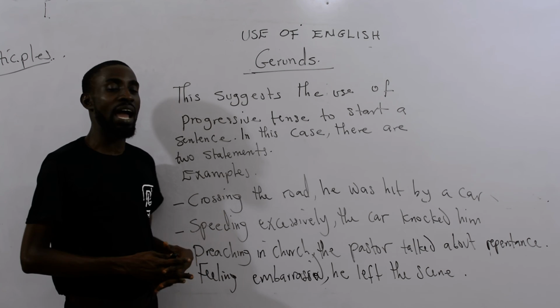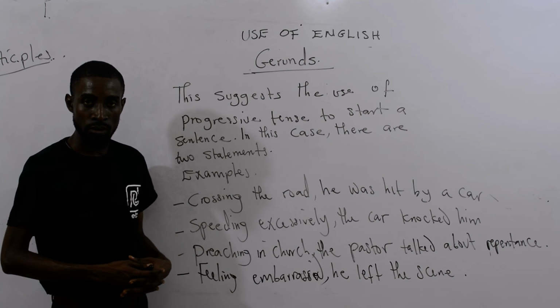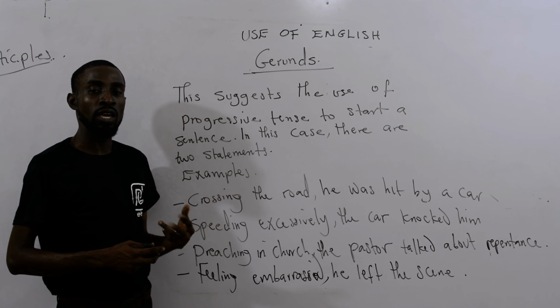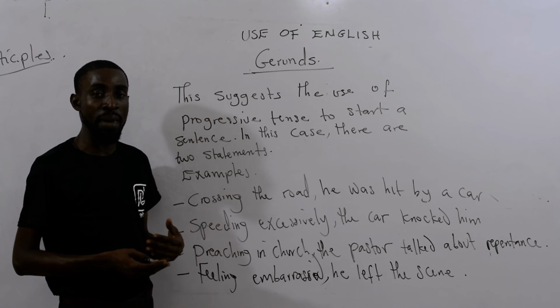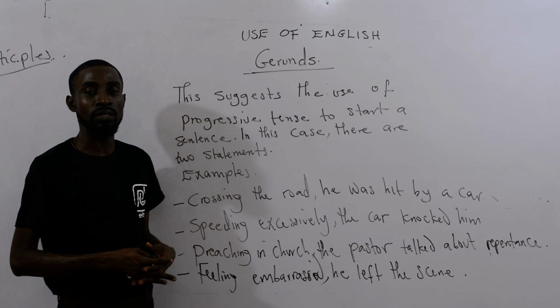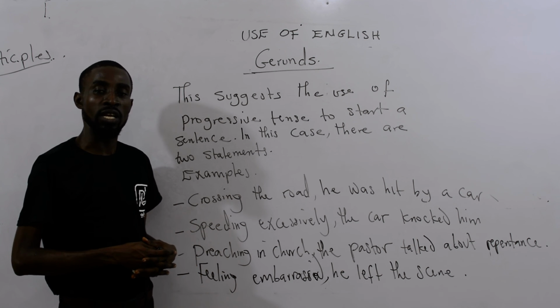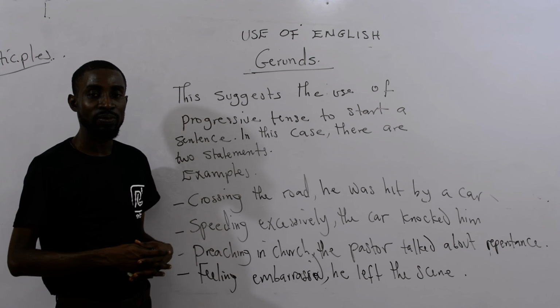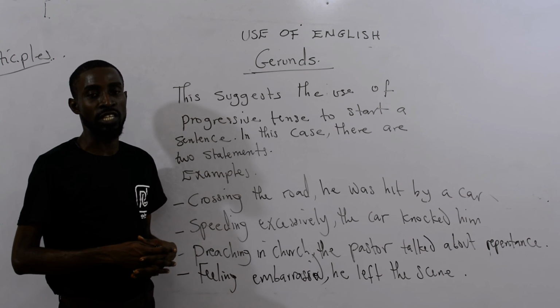In a similar way, I am hearing you is not correct, but I can hear you. It's correct. But when you use hearing in the case of gerund, making it serve as a progressive tense at the beginning, then in that case it is also correct. Hearing the man, we all left the scene.